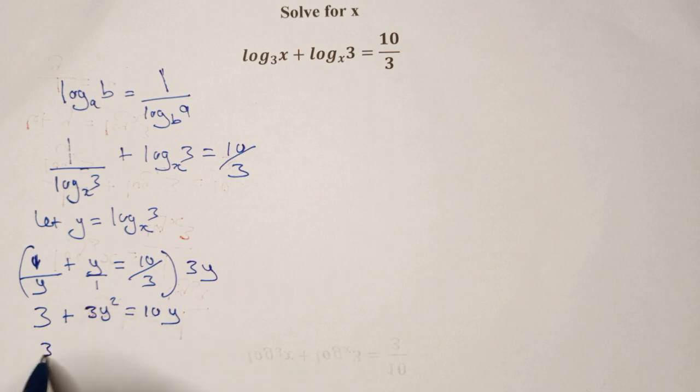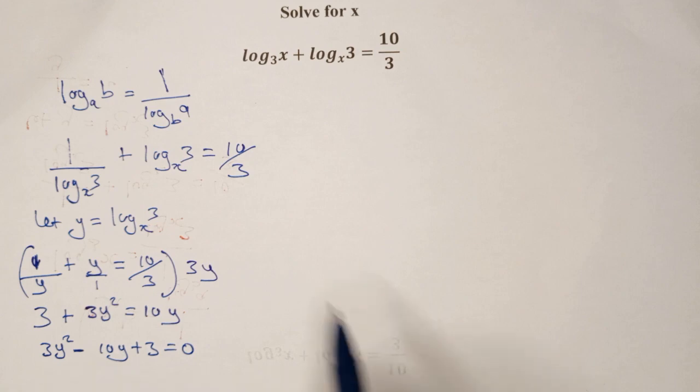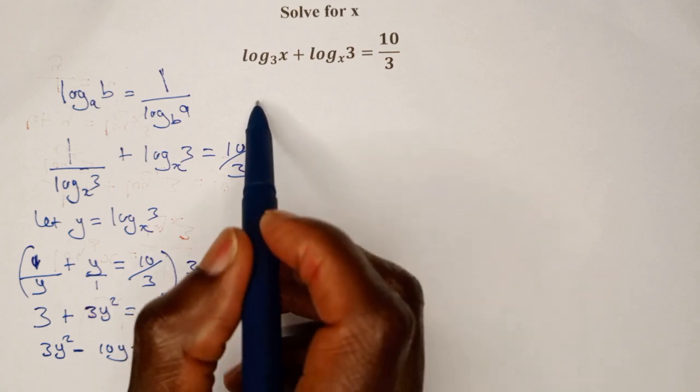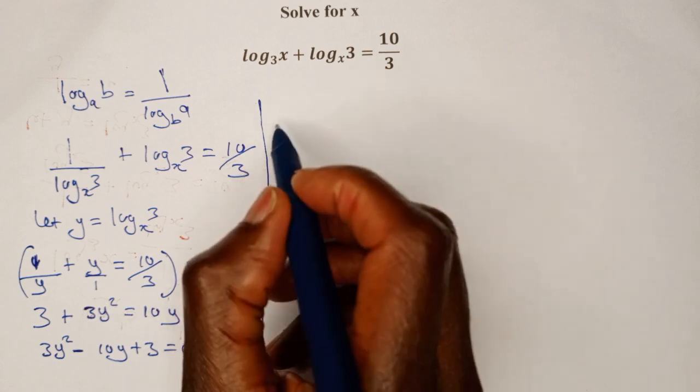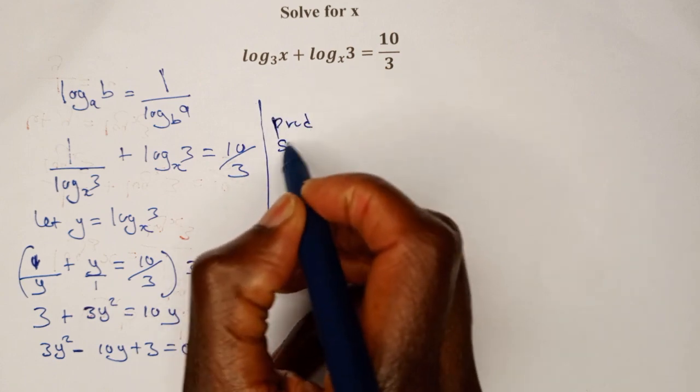So we'll have 3y squared, bring 10y this side, you're going to have negative 10y, then plus 3 is equal to 0. So we solve using the factors method. We find the product and sum.